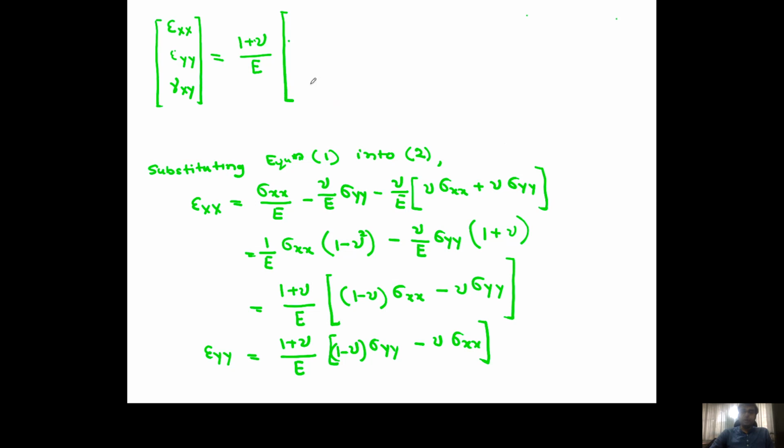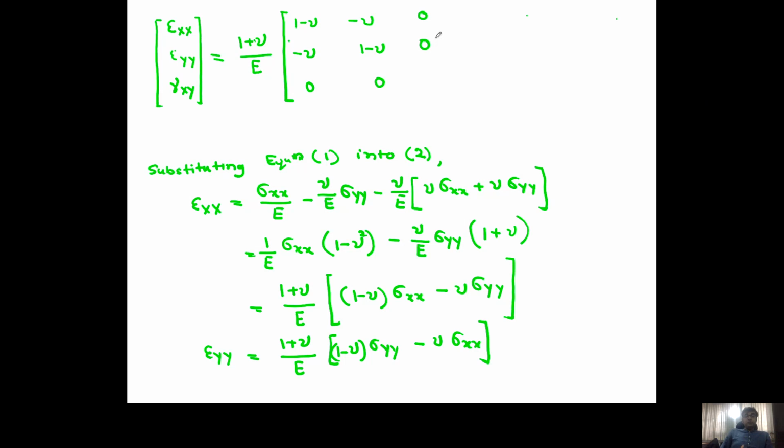And then inside, what do I have? Okay. So first term is this one. So first I have 1 minus nu. The second term is minus nu. Then it is minus nu, 1 minus nu, 0, 0, 0, 0.